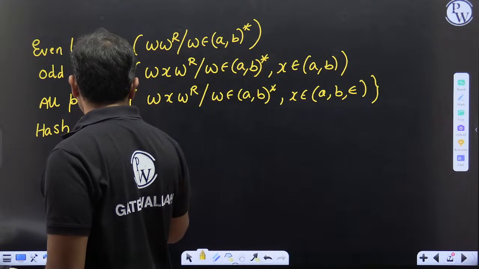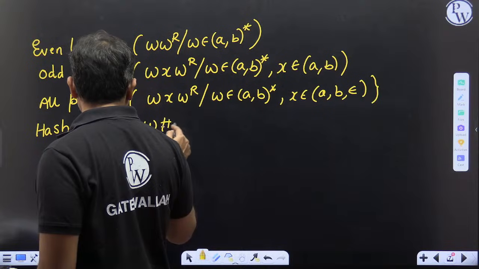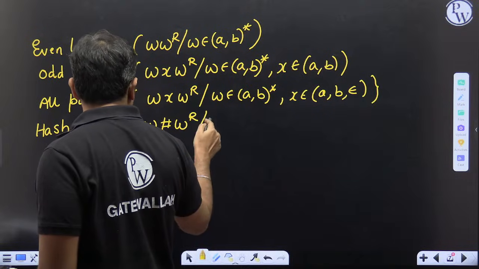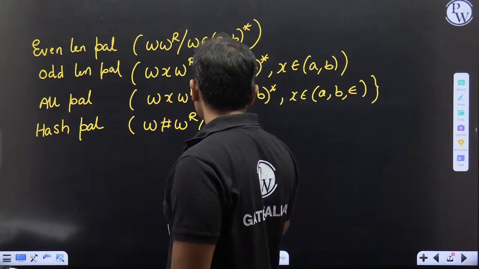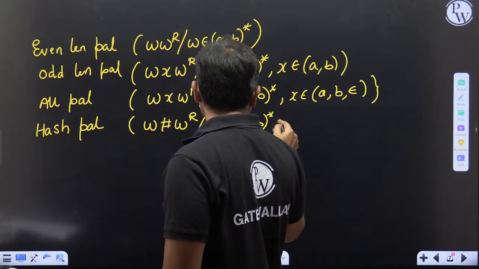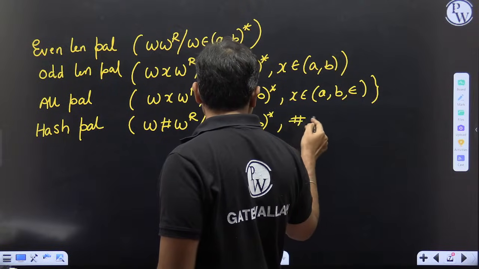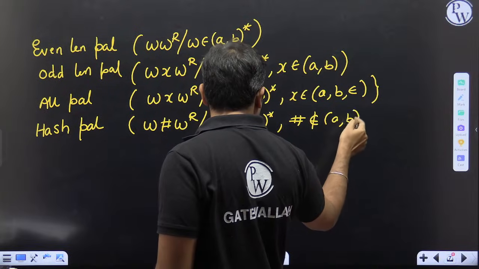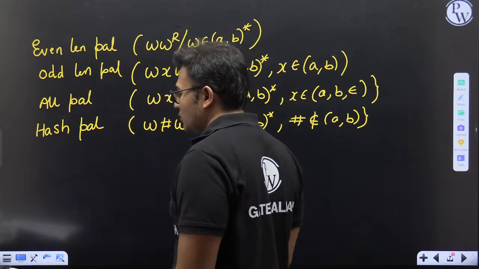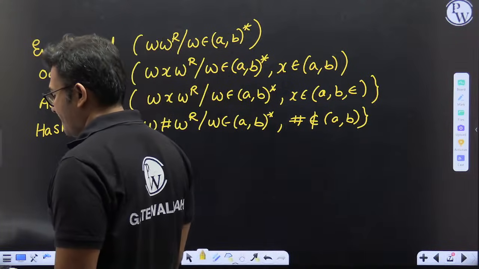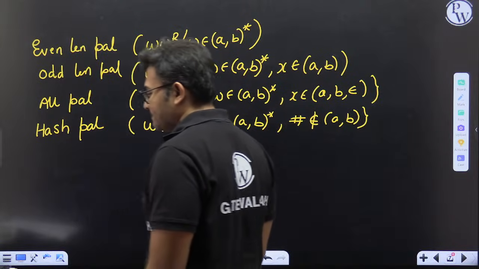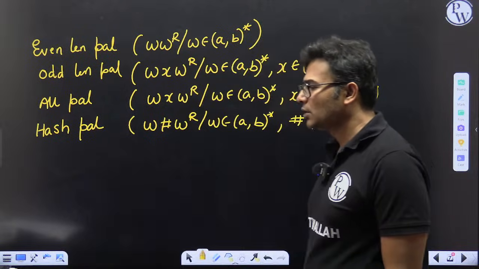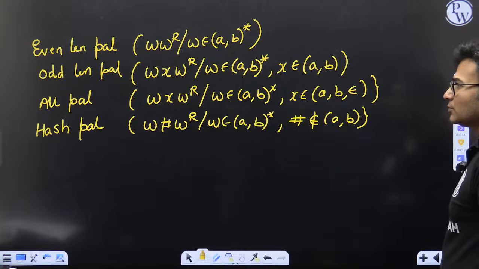Hash palindrome, you can write it as w hash w power r, such that w belongs to {a, b} star and hash does not belong to {a, b}, right?